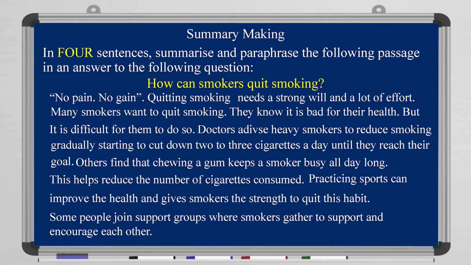Alright? So now let's take a look at the passage at hand. In 4 sentences, summarize and paraphrase the following passage. We have a question here. How can smokers quit smoking? So this is the question that we want to answer, and to read the passage to summarize the answer to that question.